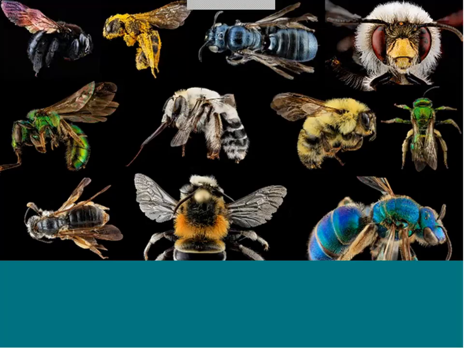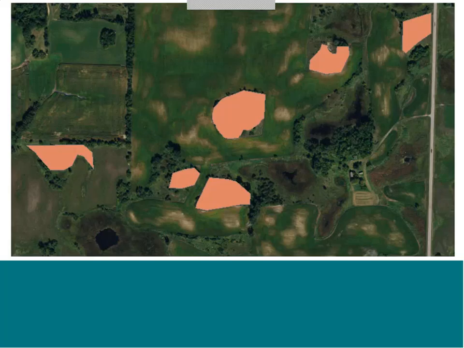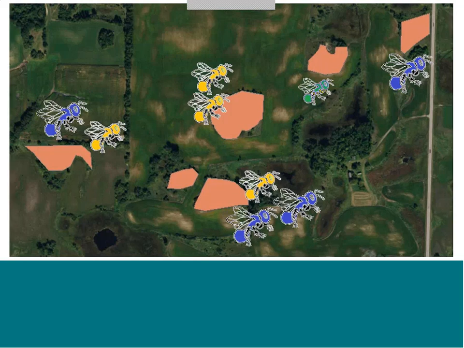So when I say community ecology of bees, or bee communities, I'm usually thinking about the suite of species that you might find in a particular spot. Each of these red blotches in this landscape represents a prairie or some sort of habitat that's pretty good for bees. And in each of these patches, we may find different kinds of bees.